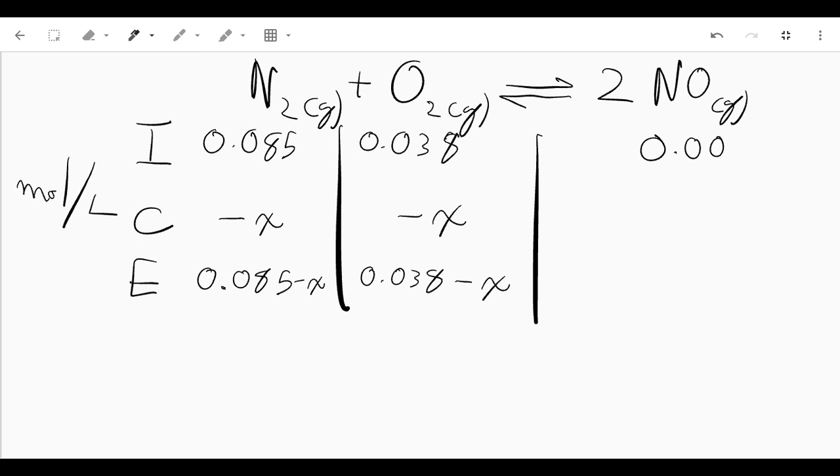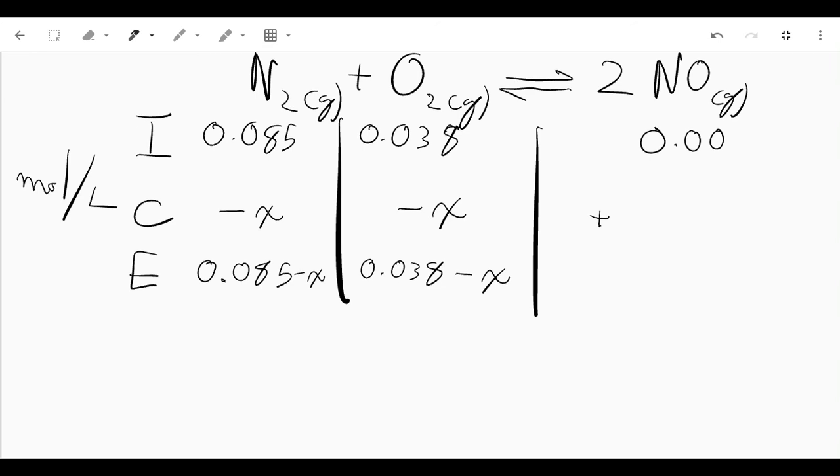The change in the nitrogen monoxide, however, will be positive because it starts at 0. It can only go up, but it has a coefficient of 2 in front of it, so it's going to be a change of 2x. And its final value is going to be 2x this time as well.